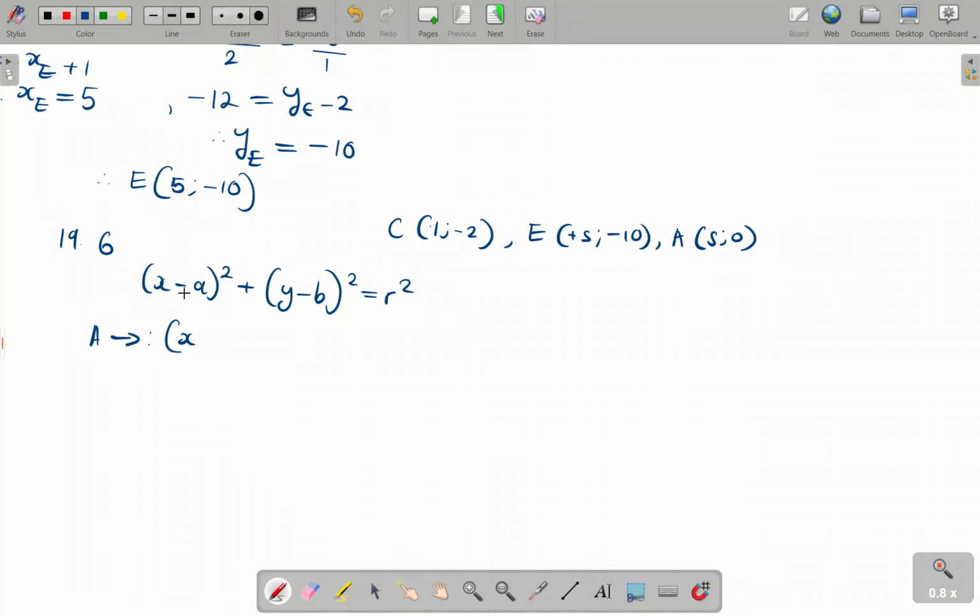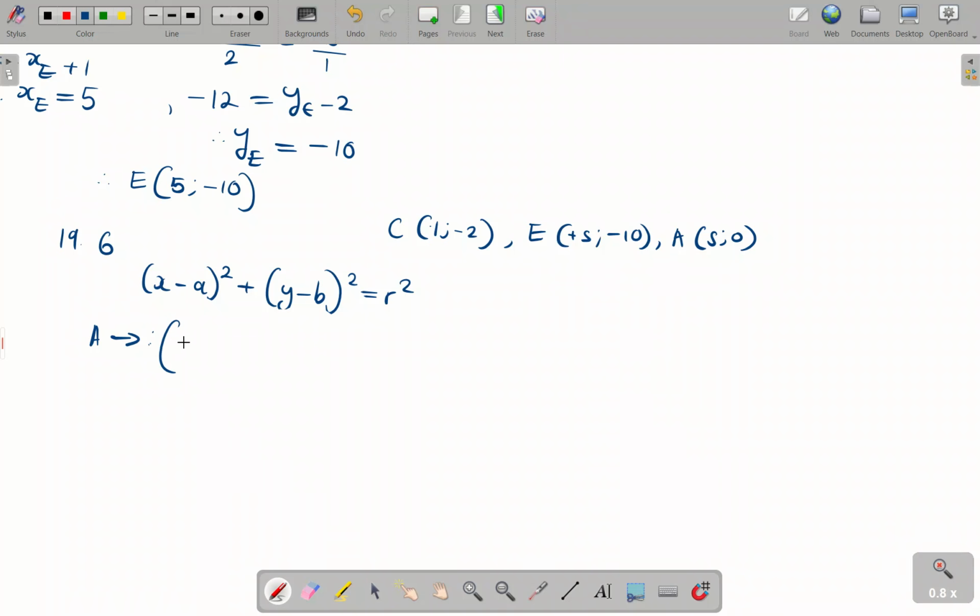So for A, you say x minus a is, where x is 5, then squared, plus y minus b. See where I'm substituting these values, guys. These values are not for the center of the circle; we don't even know the center. So make sure you substitute them where there is x and y.